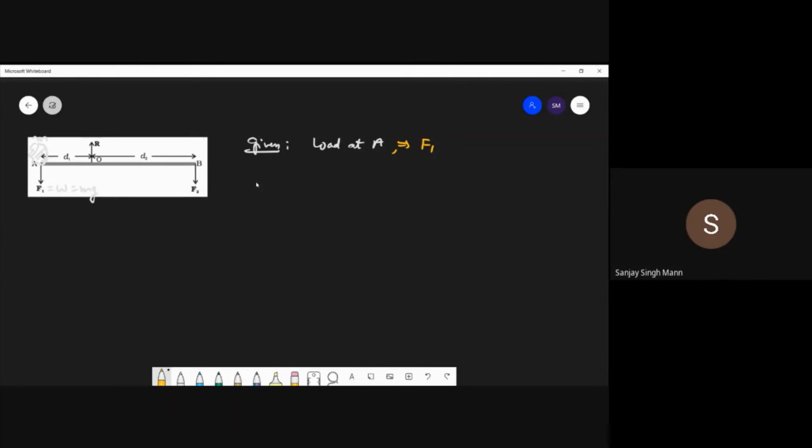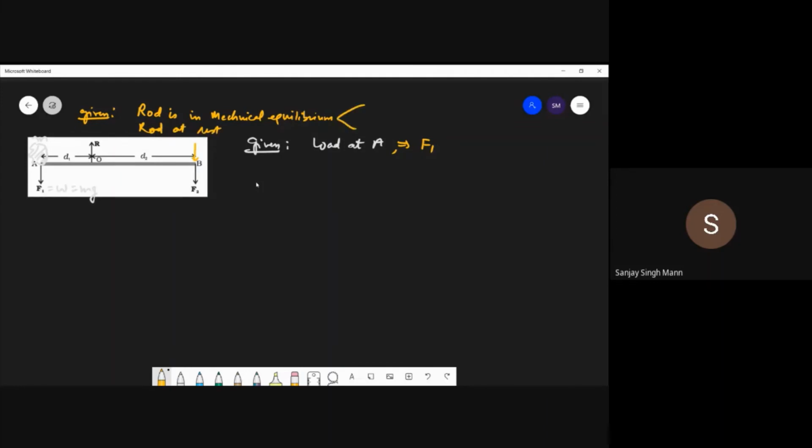Now you are putting efforts over here. So this rod is in equilibrium. That is given to you. Rod is in mechanical equilibrium. No movement. Rod at rest.